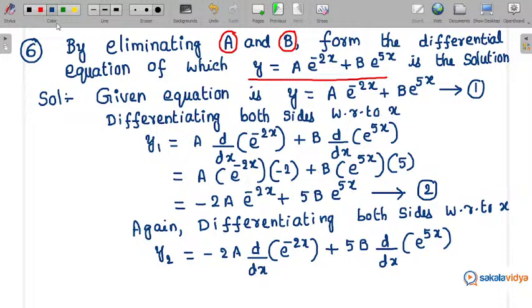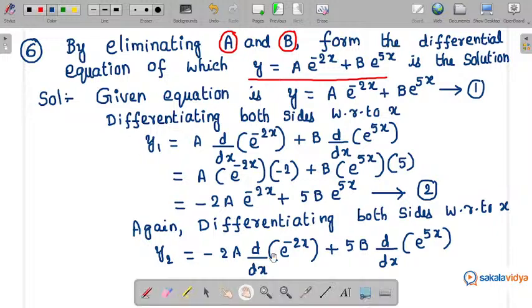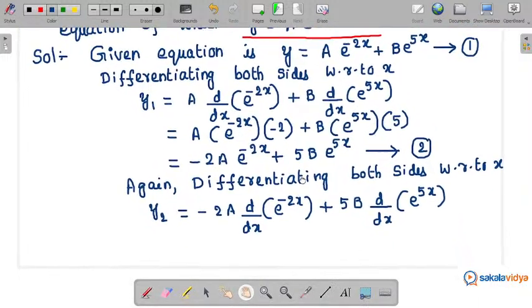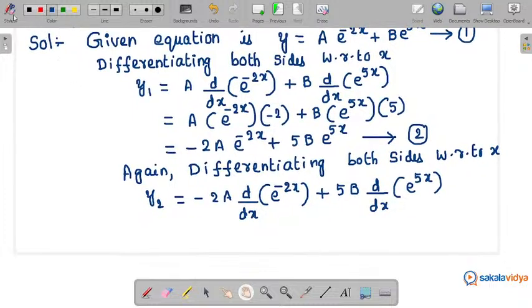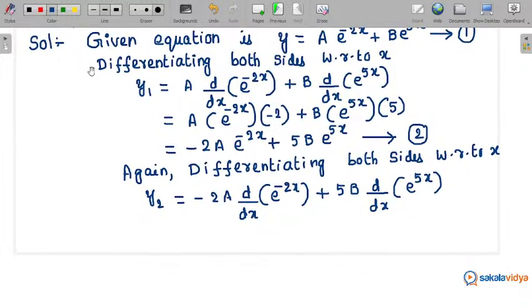So now we can write, I hope you might have noted down, right? So this equals minus 2a times e power minus 2x differentiation is e power minus 2x into minus 2x differentiation is minus 2.